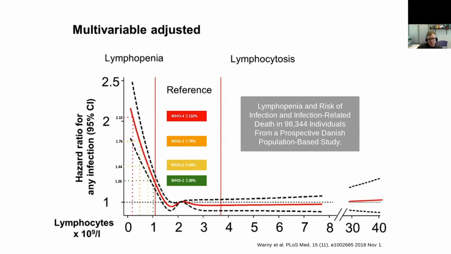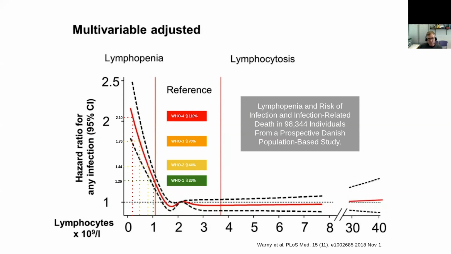What I've tried to do is map the WHO classification system onto the curve. You can see that as you go up with the WHO grade, the risks go up. Even at WHO grade 1, with a lymphocyte count of 1,000, or 1, you've got a 20% increased risk of getting infection compared to baseline, which is around 1.4. And by the time you get to WHO grade 2, it's 2.10.